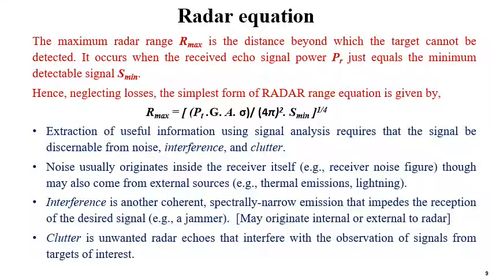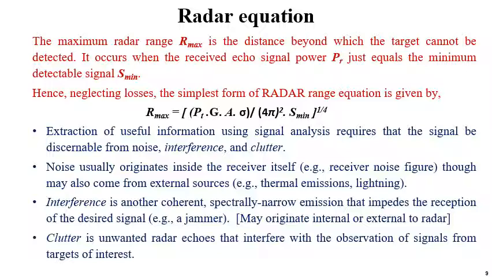The maximum radar range, Rmax, is the distance beyond which the target cannot be detected. It occurs when the received echo signal power PR just equals the minimum detectable signal S min.